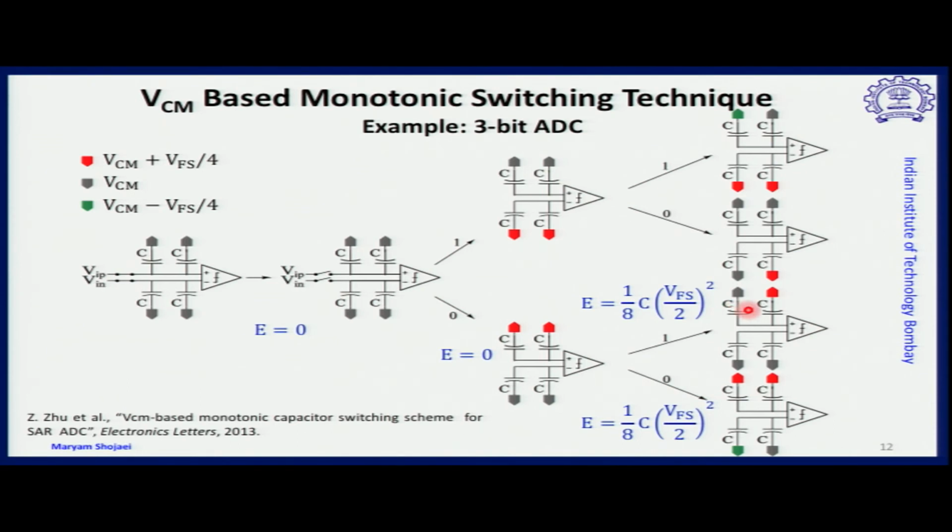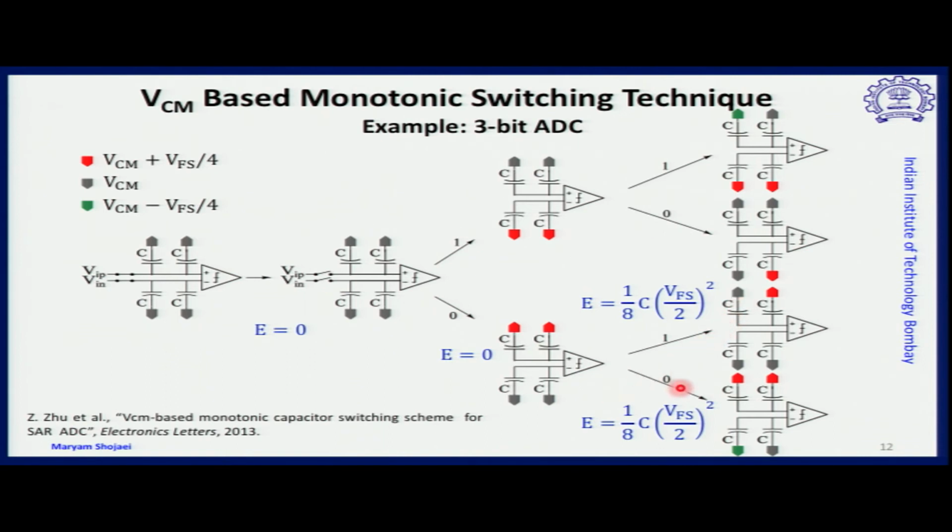So the dynamic range is divided by 2 for the search by just switching one capacitor, and this switching is from V full scale plus Vref by 4, bringing it back to the VCM level or common mode level.